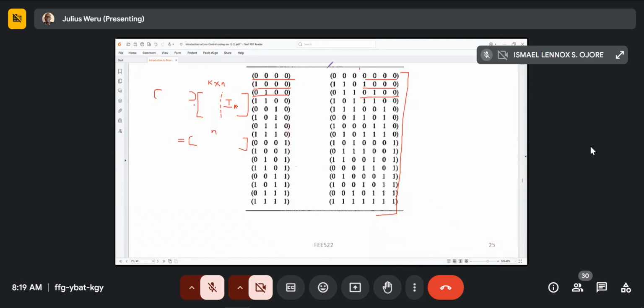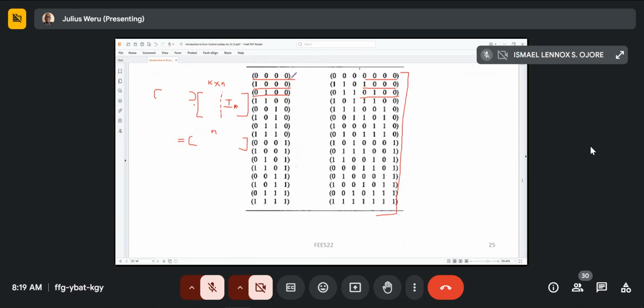So that's what I was saying. Because you have 7 bits, we are moving from a 4-dimensional space to a 7-dimensional space.